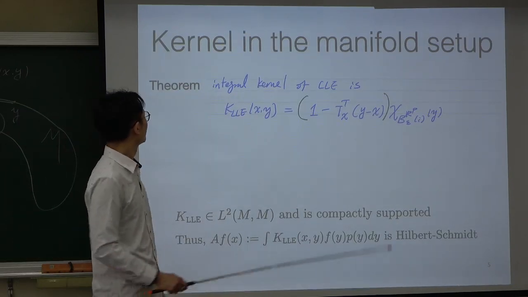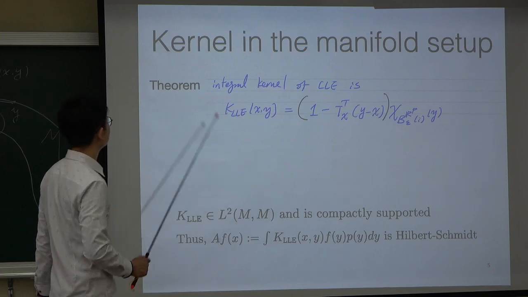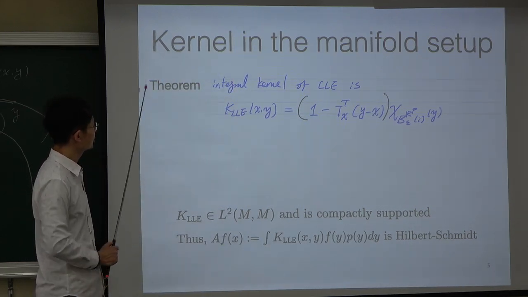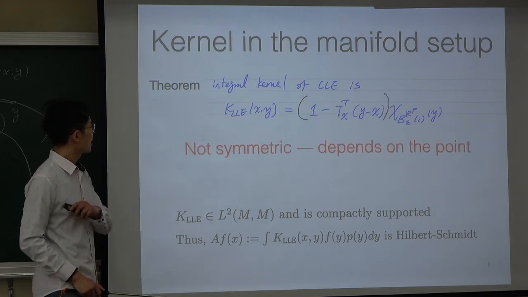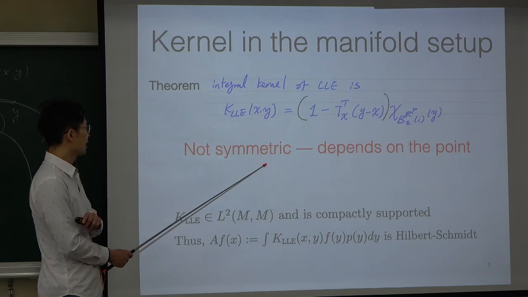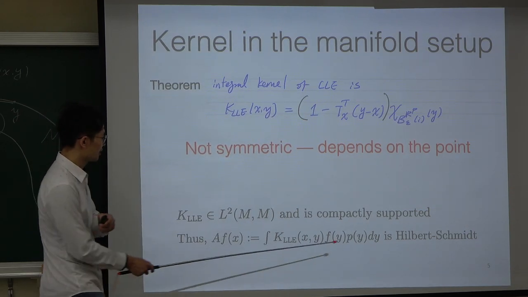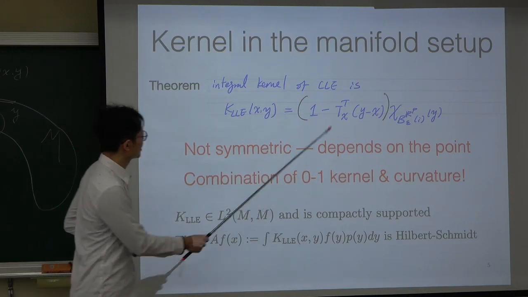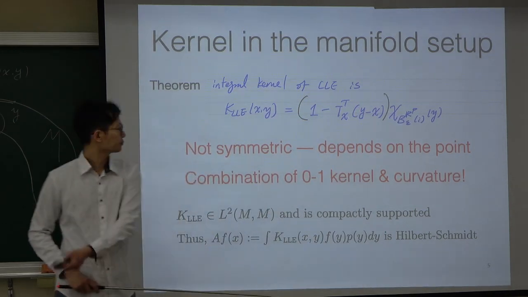And remember, we have the kernel, and the theorem we discussed in the second lecture tells you that the kernel is very interesting. It's not symmetric, but it is very good. It is Hilbert-Schmidt, and it is a combination of a zero-one kernel and the curvature.